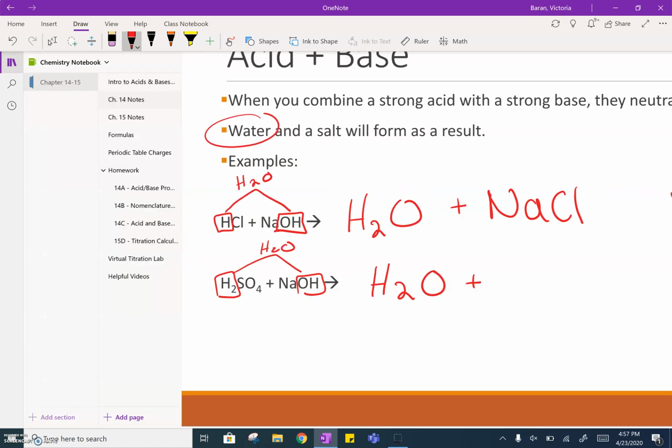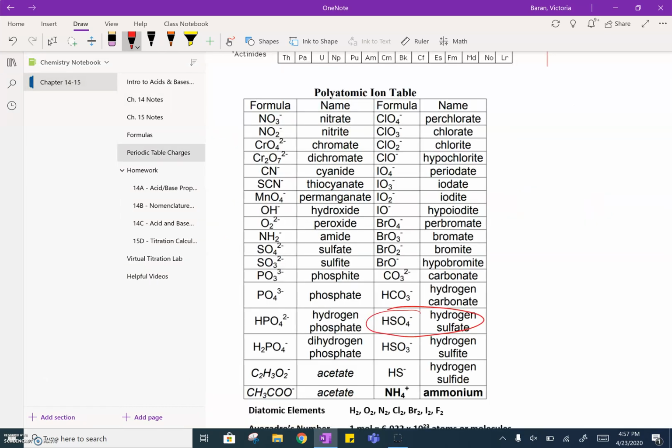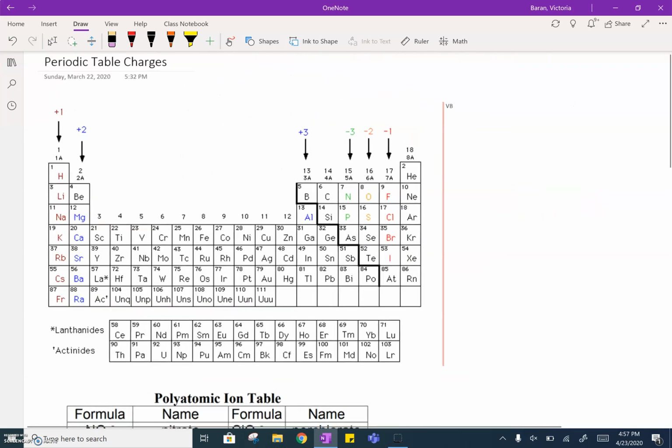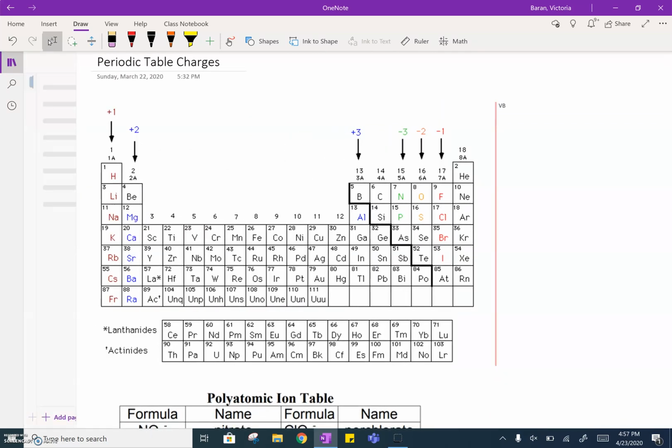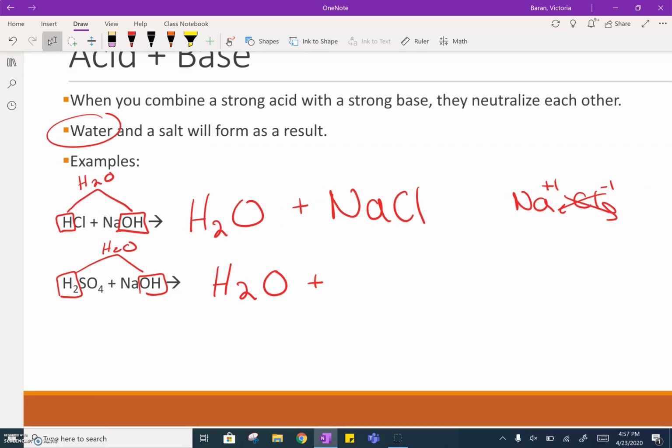Again, if you guys need those charges, refer back to your periodic table charges. These are all the polyatomics down here, and then for all the other elements, they are up here. And this first example is actually already balanced, so we do not have to do anything.